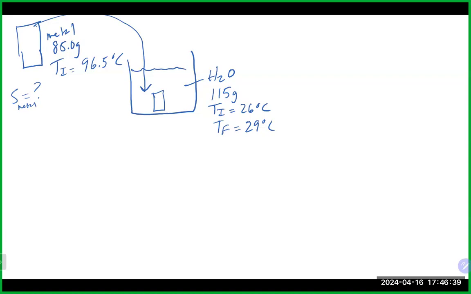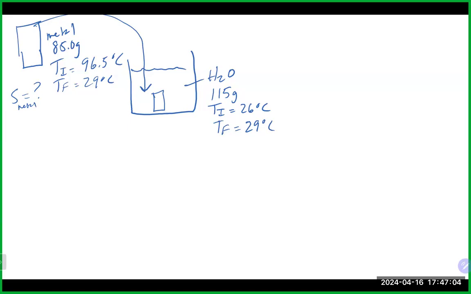And that means that we would actually know the final temperature here of our metal, which would be 29 degrees Celsius. So if we see really no heat loss in this case, that there's a nice perfect transfer of energy from the metal to the water, we could actually use the water to figure out how much energy it absorbed from the metal.